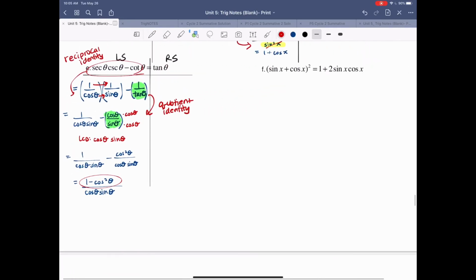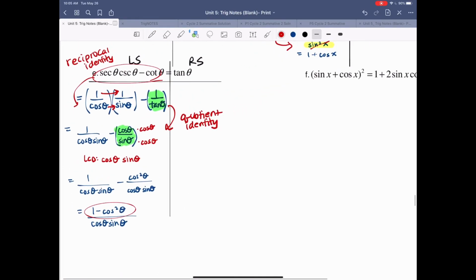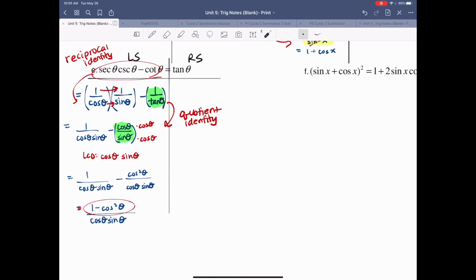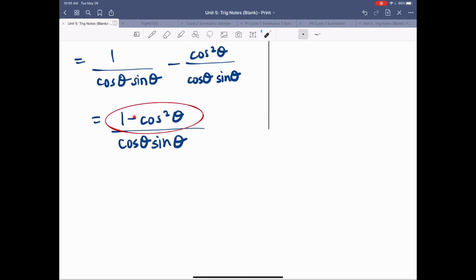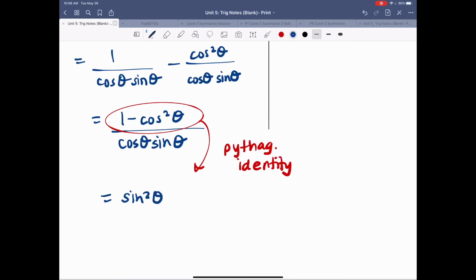In terms of my 1 minus cos squared theta, looking back here, I know that I need my left side to look like my tan theta. And I know tan theta is equal to sine theta divided by cos theta. So I want to introduce this so that it becomes sine squared theta, and I can do that because of the Pythagorean identity. As a next step, I have sine squared theta divided by cos theta sine theta.